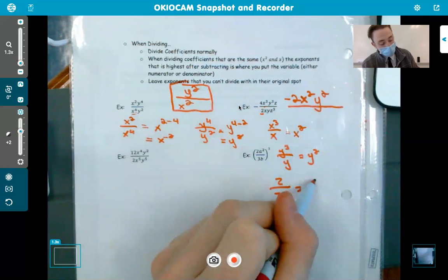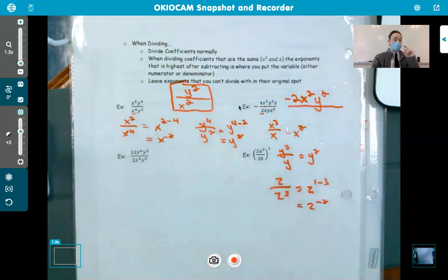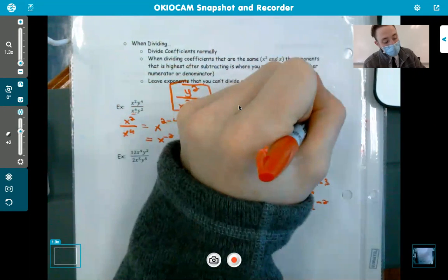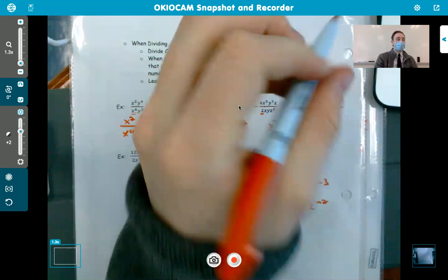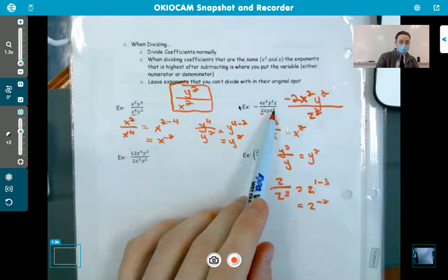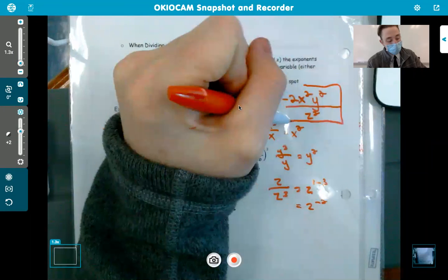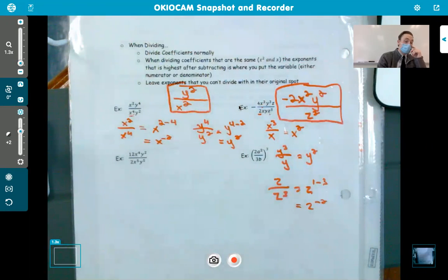So you can think of this as z to the 1 minus 3, or z to the -2. Well, if it's negative, where's that going to go? In the numerator or denominator? Denominator, right? But instead of writing it as a -2, it's going to become a +2. You can also think about that z cubed being the higher exponent, so that's going to go down there. That would be your final answer. So just take it coefficients first, then look at it variable by variable.